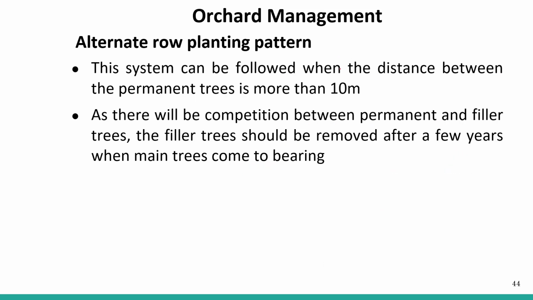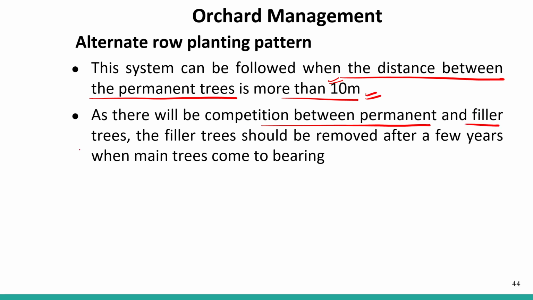This system can be followed when the distance between the permanent trees is more than 10 meters. As there will be competition between the permanent and the filler trees, the filler tree should be removed after a few years when the main trees come to bearing.